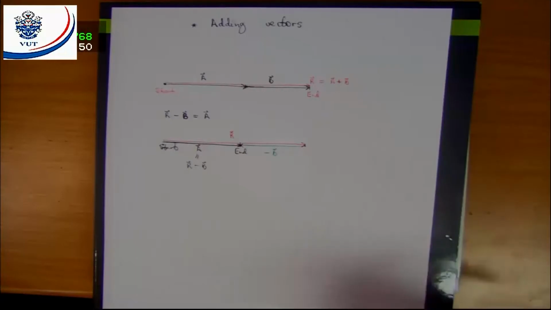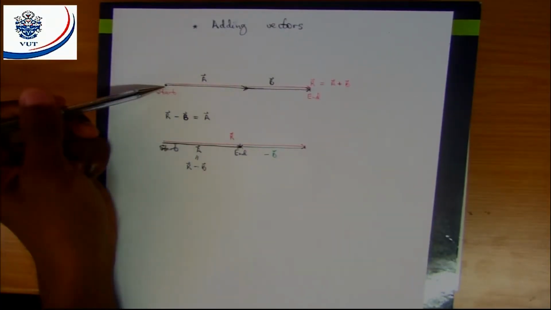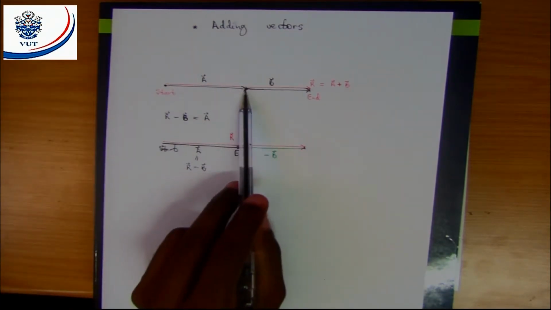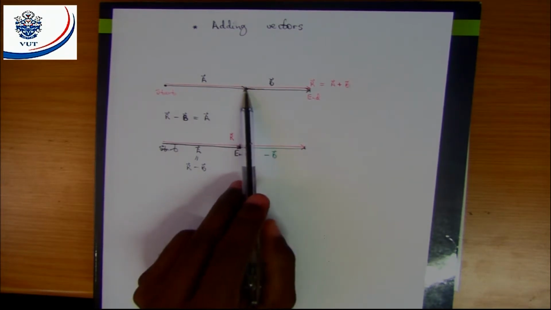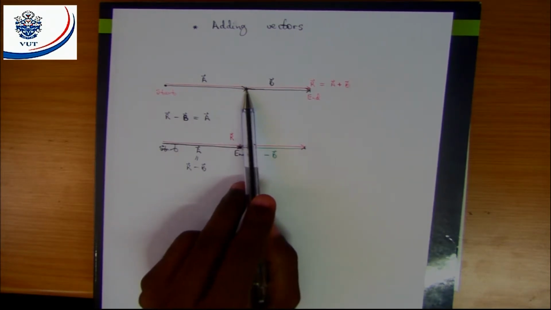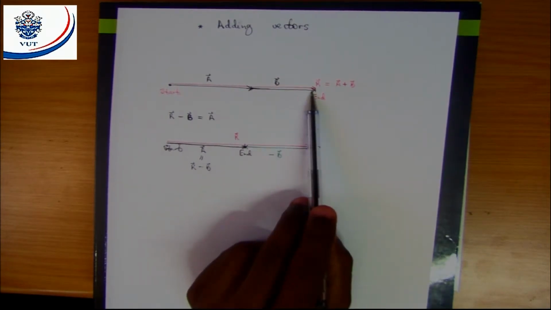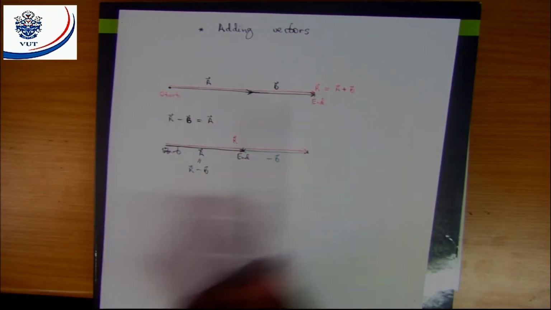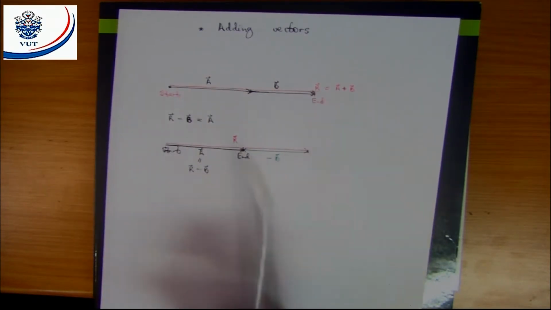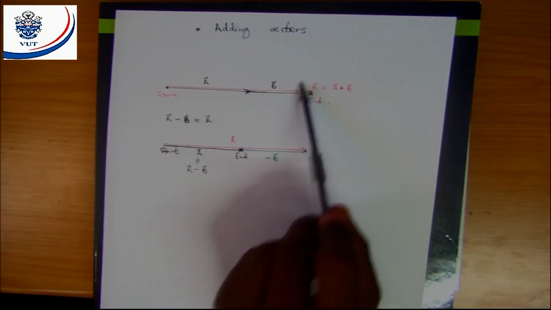Okay, so in summary, if we start at point A and then we move to point B with the vector A in black, and we start again from B to C with the black vector B, then the result was we started over here, we end at C, and it's just the red line which is directed from A to C, and we write the vector addition in that way.